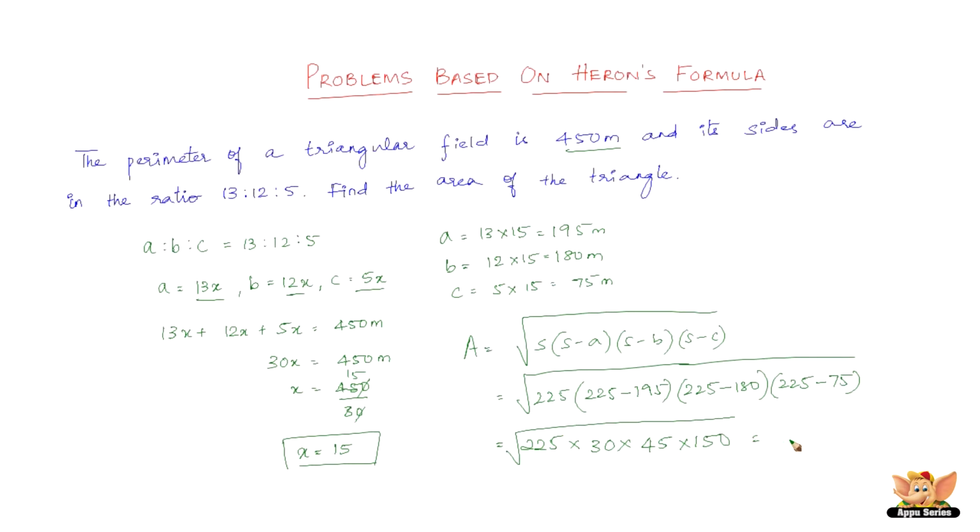Now finding the square root of this by the factor method gives us 5 cube into 3 cube into 2, which is nothing but 6750 meters square. Therefore, the area of this given triangle is 6750 meters square.